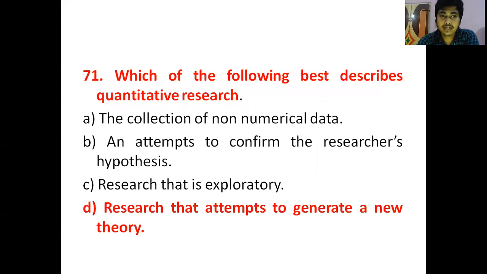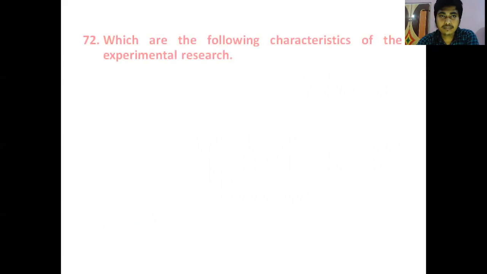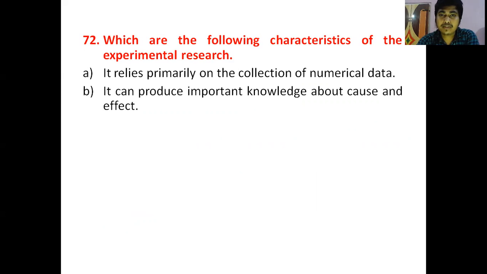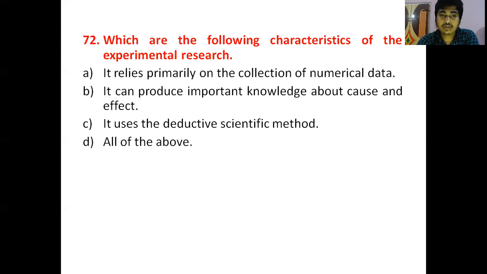The next question is, which are the following characteristics of experimental research? Option A, it relies primarily on the collection of numerical data. Option B, it can produce important knowledge about cause and effect. Option C, it uses the deductive scientific method. Option D, all of the above.